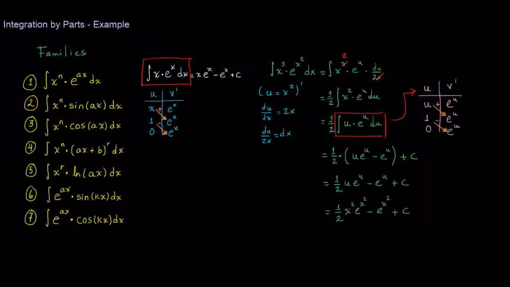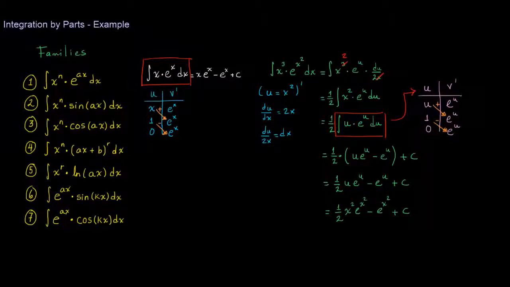We were struggling a bit at the beginning. This one seemed like it didn't fall exactly into family number one, but by using change of variable, or u substitution, which is what we did here, we transformed this initial case into something that was in a sense the same as the previous first example.